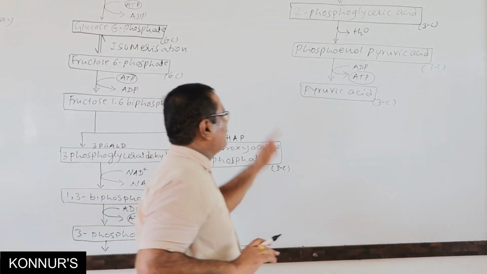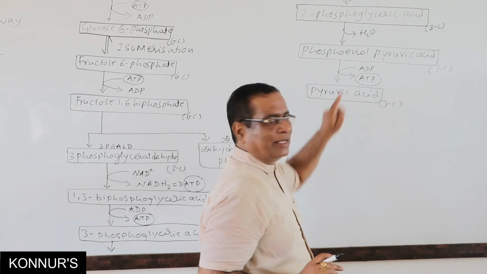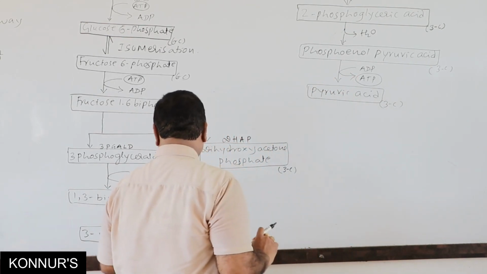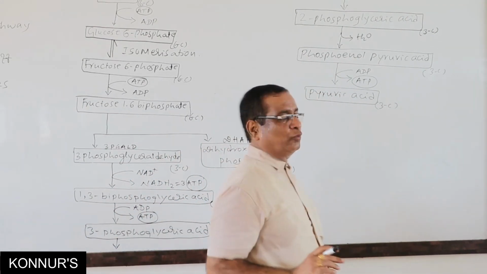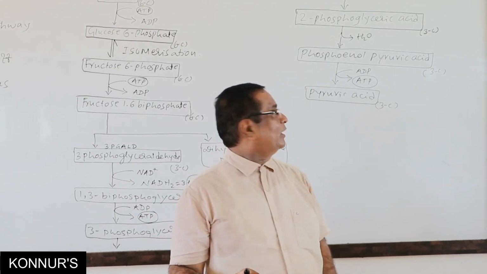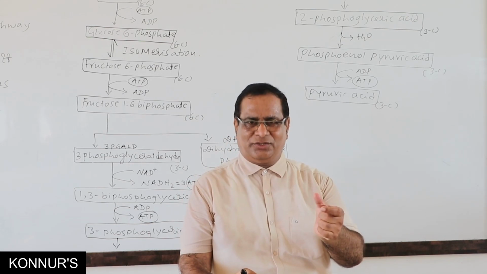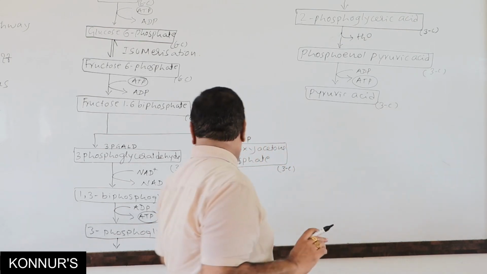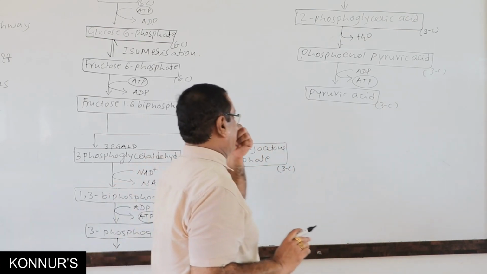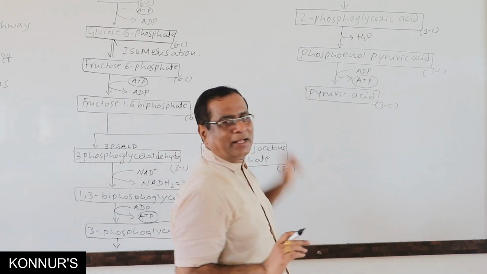Now that is 2-phosphoglyceric acid. It is 3-phosphoglyceric acid and it is 2-phosphoglyceric acid, just a mutual exchange of the phosphate group from the third carbon to the second carbon.